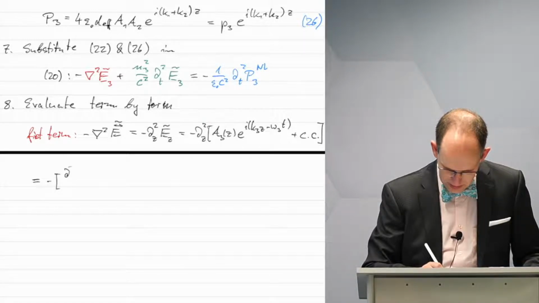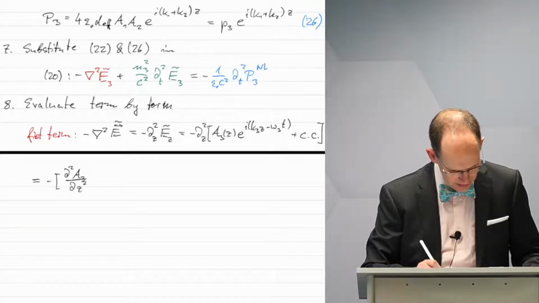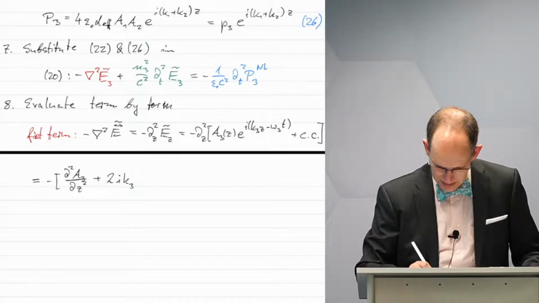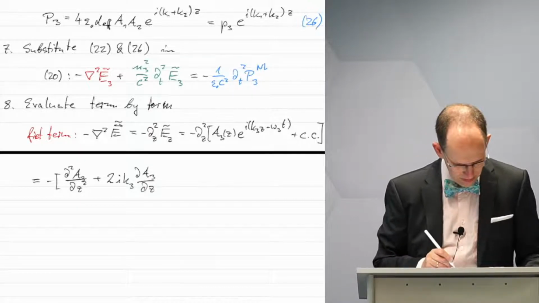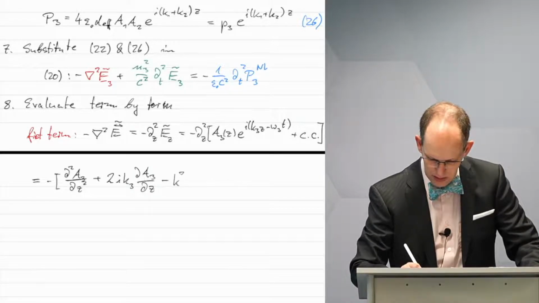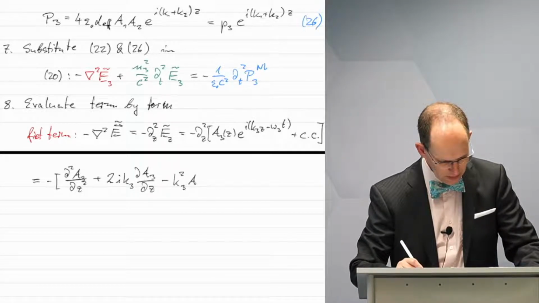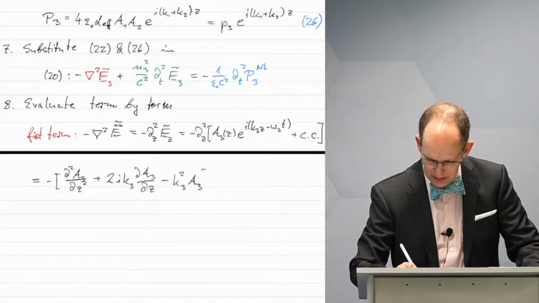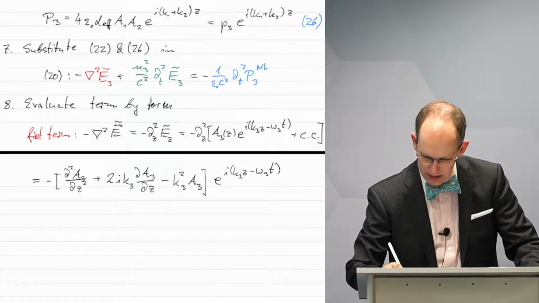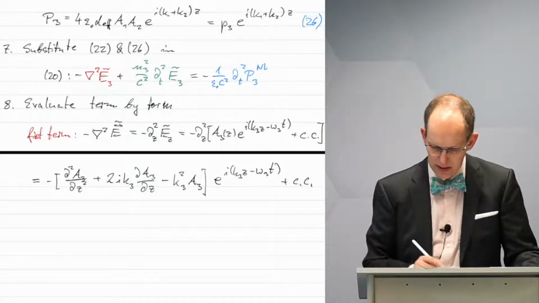We get, of course, the second derivative of the amplitude with respect to z. From the mixed terms, we get 2 times i k3 and the first derivative of a3 with respect to z, and then a term with no derivative. And we have e to the i k3 times z minus omega 3 times t plus the complex conjugate.